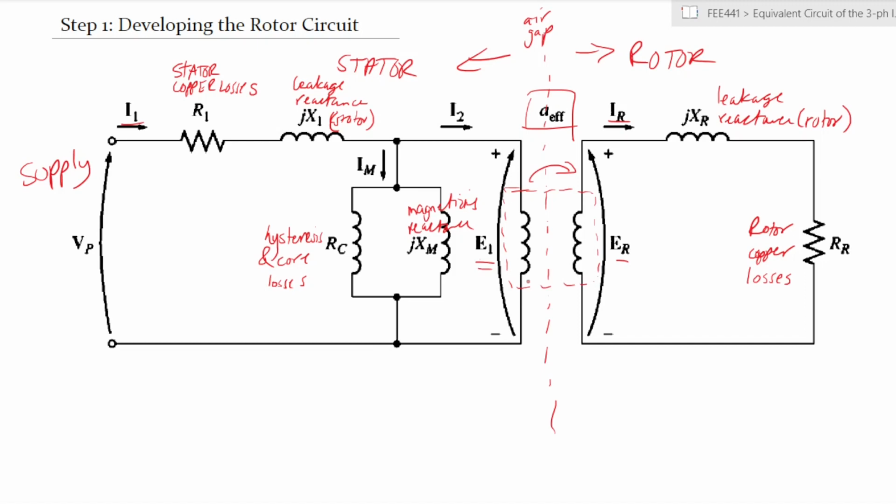Now, the catch, the problem that we have, is this ideal transformer that we have represented within our circuit. If we were to do circuit analysis, the ideal transformer poses a problem. Looking at the motor from the outside, the phenomena we can see are the voltage of the supply, the current of the supply, and likewise the frequency at which that supply is provided.